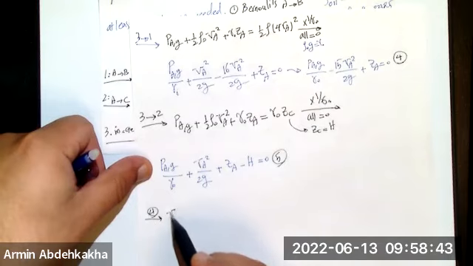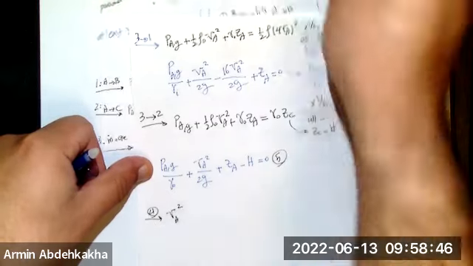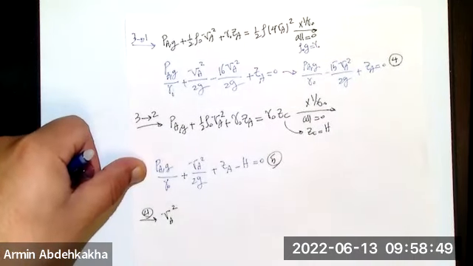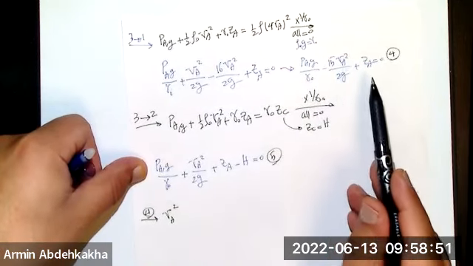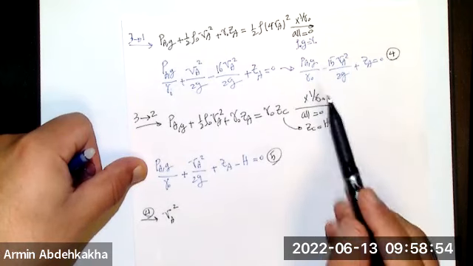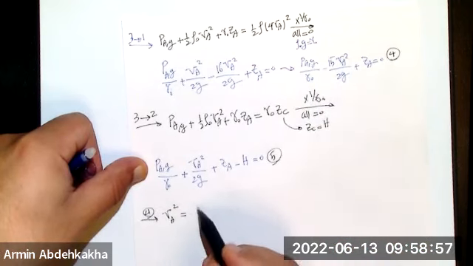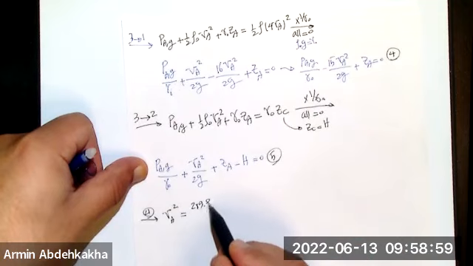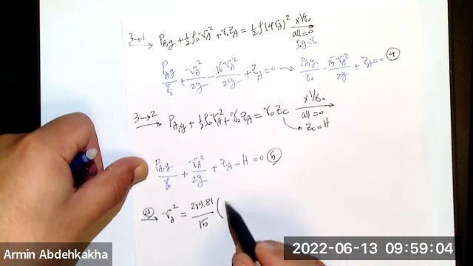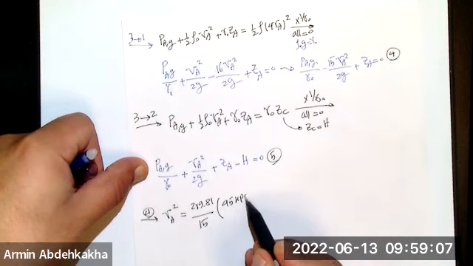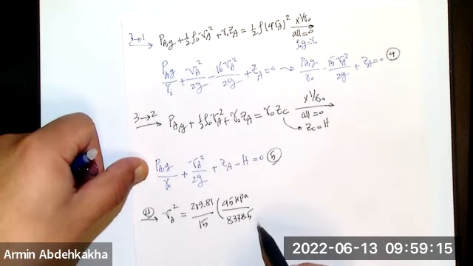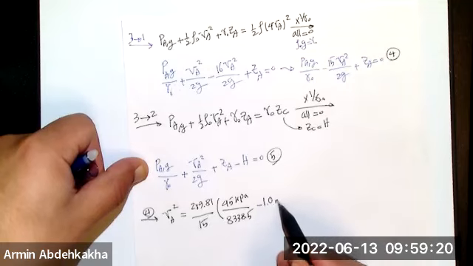So VA squared, using the values that are known and the others are known, right? So it's going to be 2g, 9.81 over 15 times 45 kilopascal over 833.8.5, which is gamma of the oil, minus 1 meter.